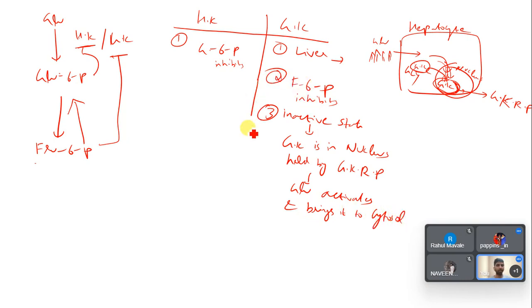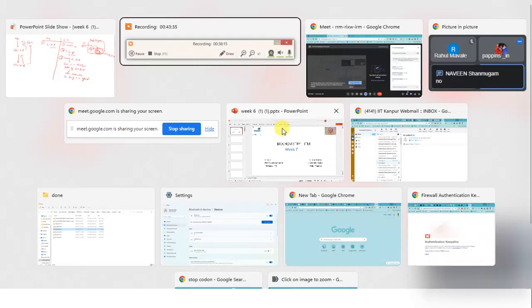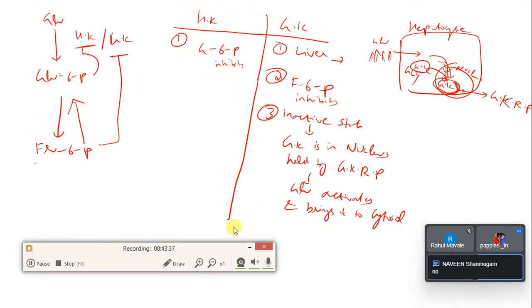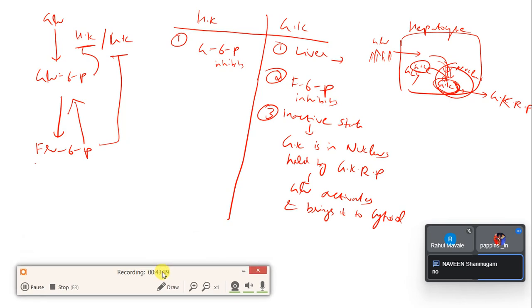Is there any doubt here? If you have, you can ask. Okay. So always remember, glucokinase and hexokinase are not the same. I hope you have noted down all the differences here.